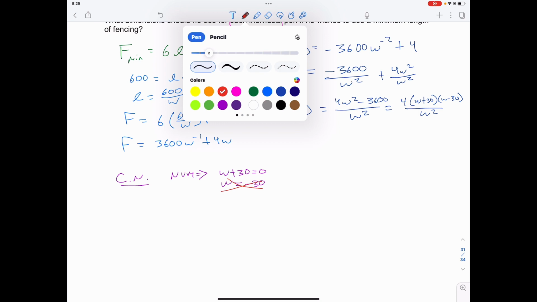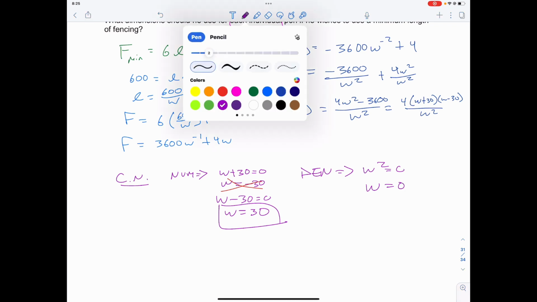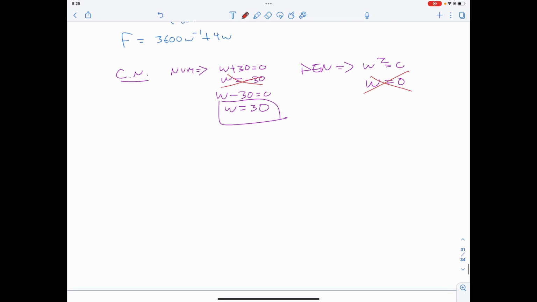We'd have W minus 30 equals 0, so W would equal 30, and that can make sense. And in the denominator, W squared is equal to 0, which means that W would equal 0, and that also does not make sense given our domain or our restrictions. So the only answer that makes sense is 30.